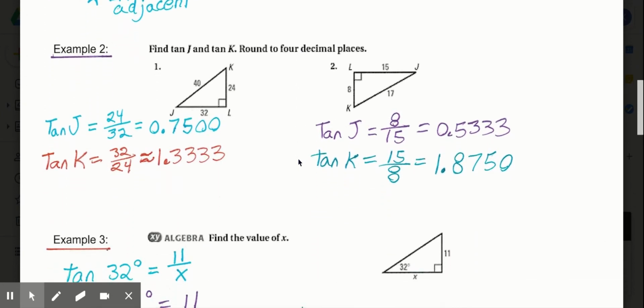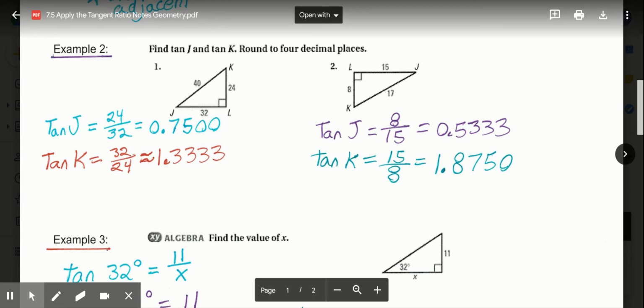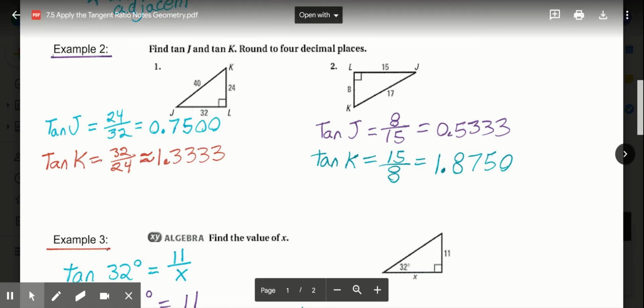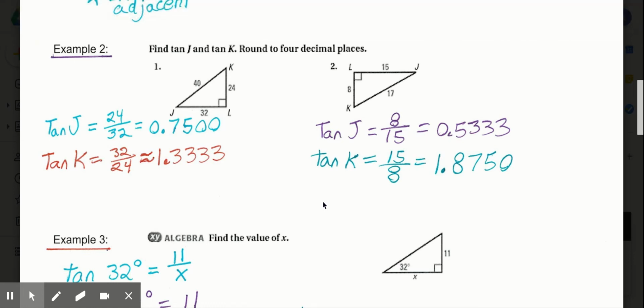So looking at example 2, find the tangent of J and the tangent of K. Round to 4 decimal places. So the tangent of J, opposite over adjacent, 24 over 32, simplifies to 0.7500. The tangent of K, opposite 32 over adjacent of 24, is approximately 1.3333.